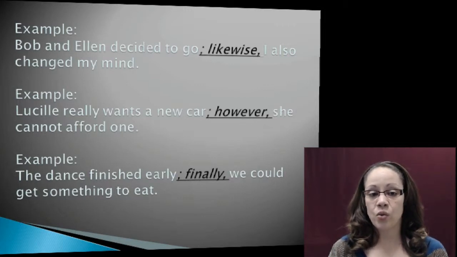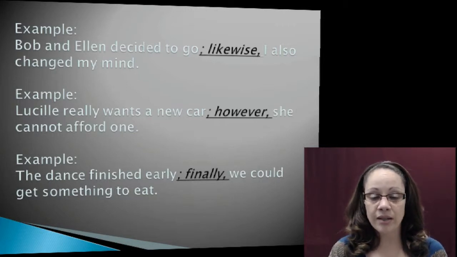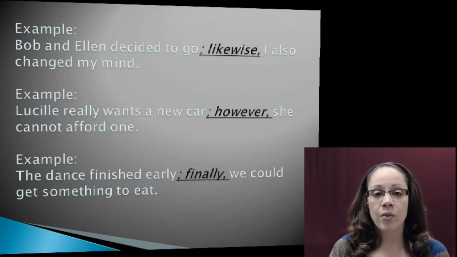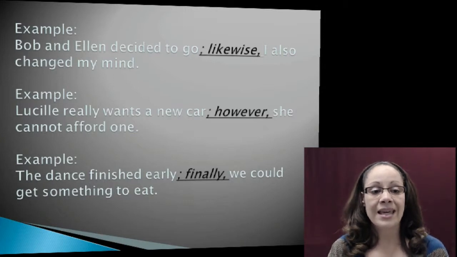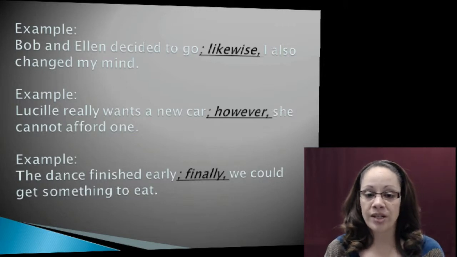Okay. Let's look at our second example. Lucille really wants a new car. That's our first independent clause. Wants is our verb. Lucille is our subject. We have the conjunctive adverb or transitional phrase, however. Then we have another independent clause. She cannot afford one. Can afford is our verb, with the helping verb can. Afford is the main verb.